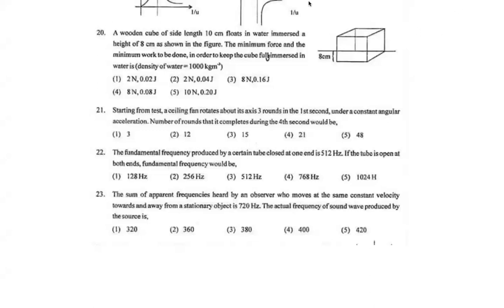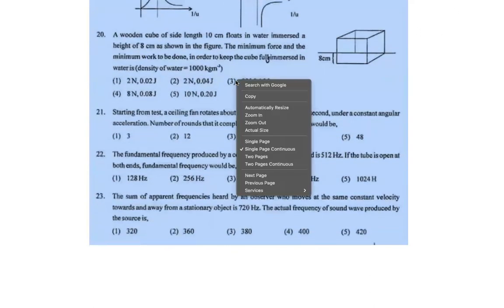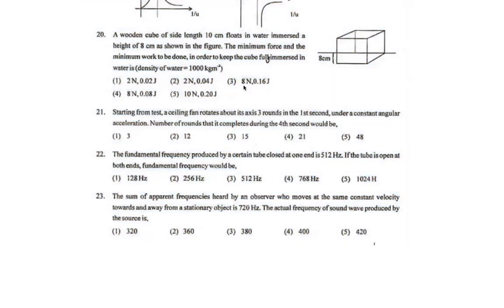Right, question number 20. A wooden cube of side 10 centimeters floats on water immersed to a height of 8 centimeters as shown in the figure. So 8 centimeters is underwater. That means 2 centimeters is going to be above water.